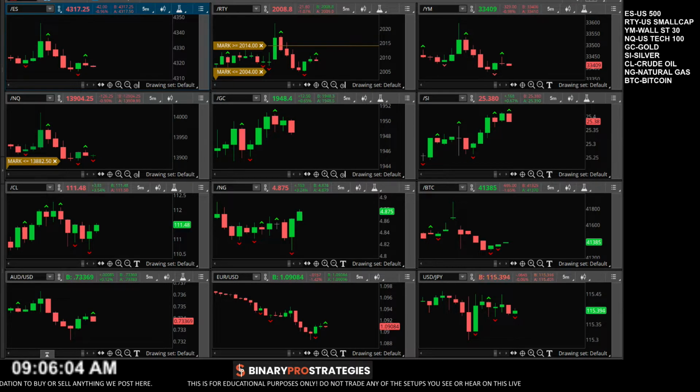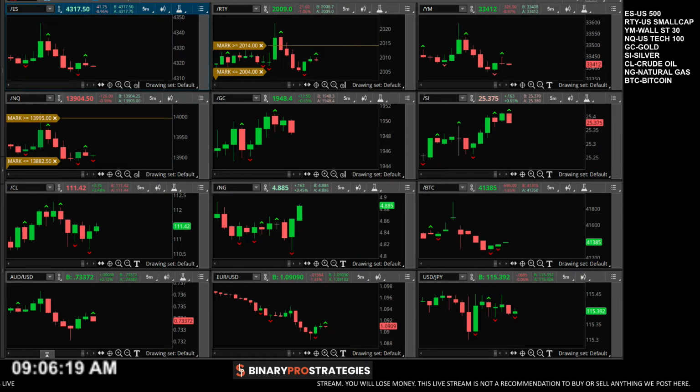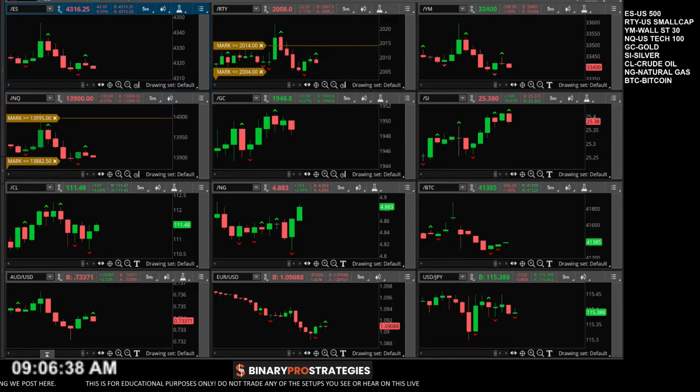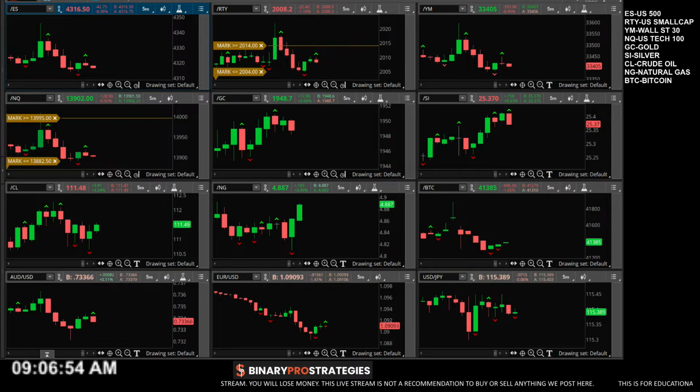And if that target is not hit, we will reverse if it comes up to 139.95. So we're short the RTY, short NQ.